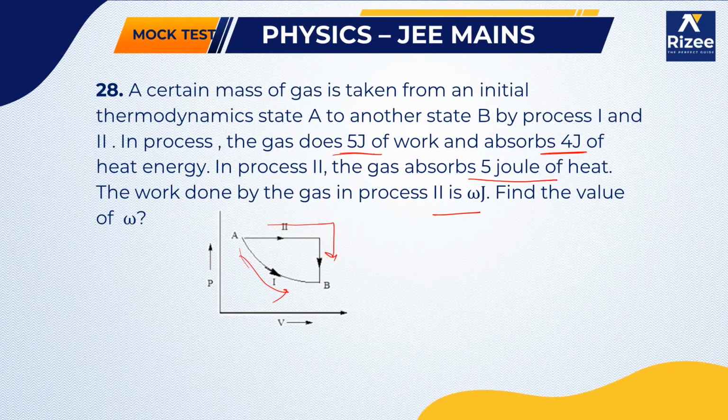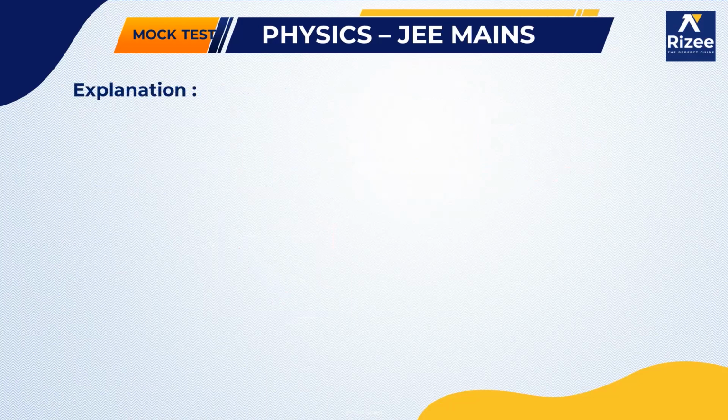But A and B are the initial and final points, so your dU will be the same. That is, the change in internal energy will be 0.